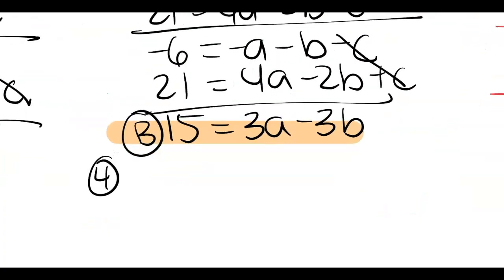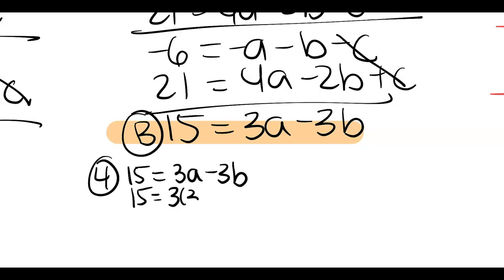So for step 4, since I've already zoomed in this much, we're going to use the b equation, 3 times a minus 3b. Well, your a value that we just found was 3. So 3 times 3 minus 3b. 3 times 3 is 9.